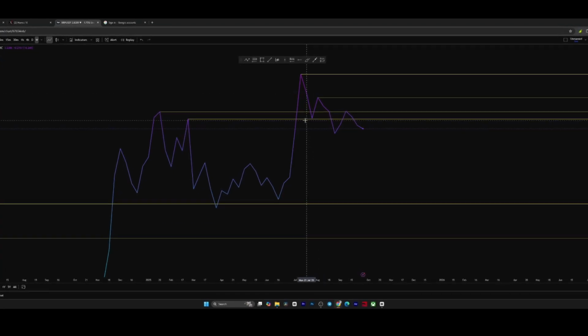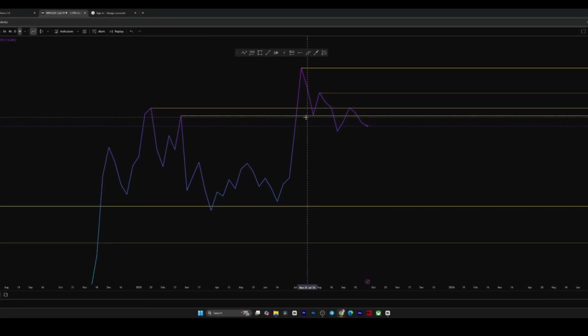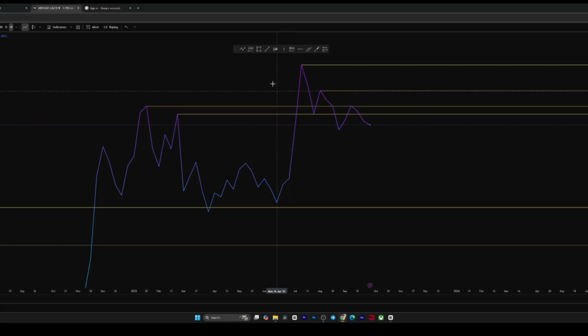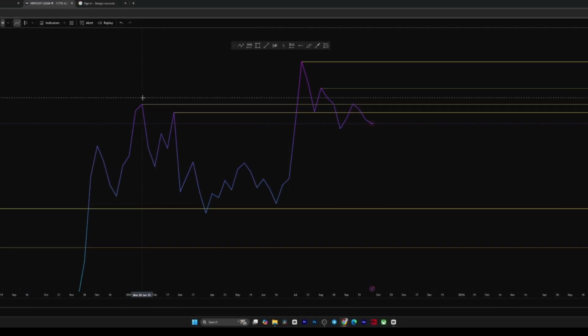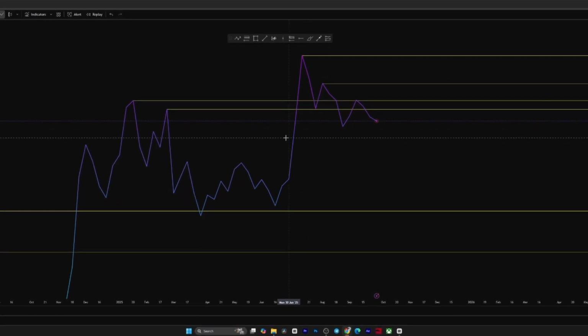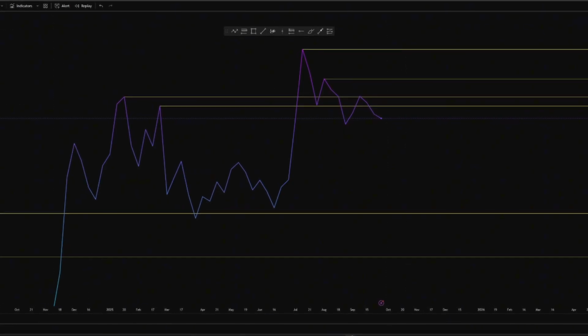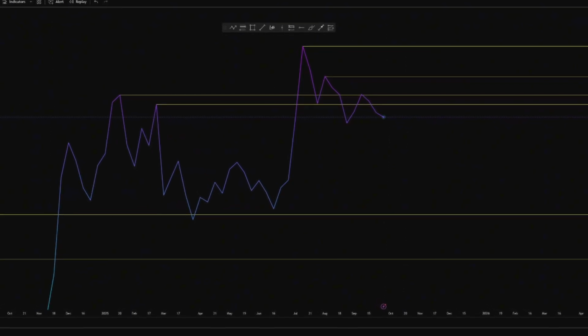Because in technical analysis we use past price data to predict what's going to happen next, right? So this is past price data, same as here and here and here, to predict what's going to happen next. So with these I could find my support, I could find my resistance zones, and move on with it, right?